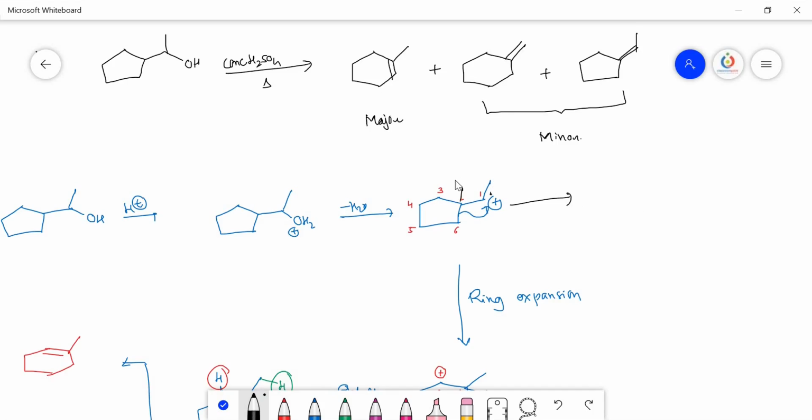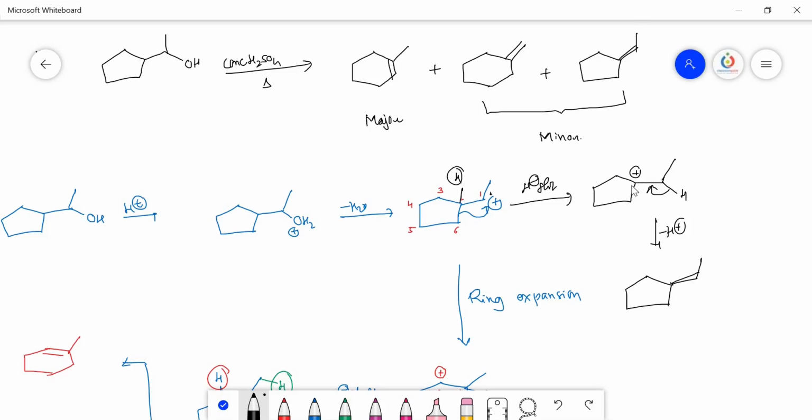So if hydrogen is shifted from here, H minus is shifted, then here we get the secondary carbocation, and if there is a loss of H plus ion here, there is a chance for the formation of this molecule.